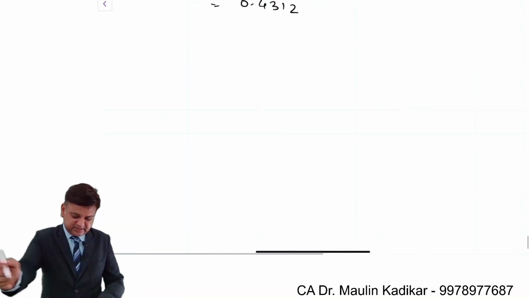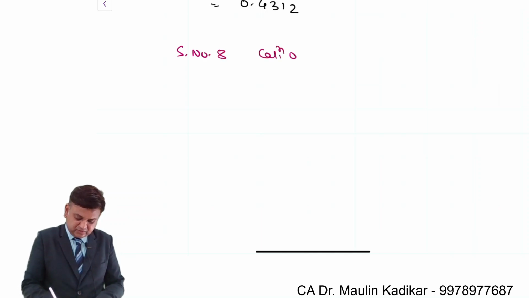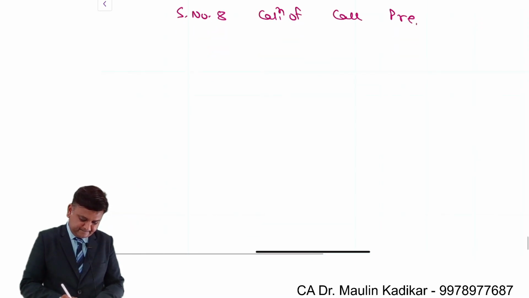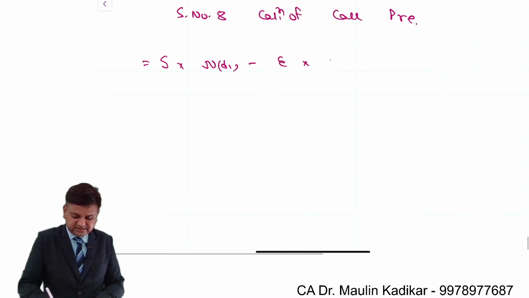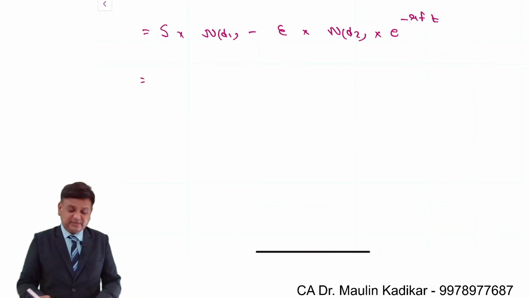Next, step number 8. Calculation of call premium. Spot into ND1 minus exercise into ND2 into e raised to negative RF into T. What is the spot price of equity share? 75.